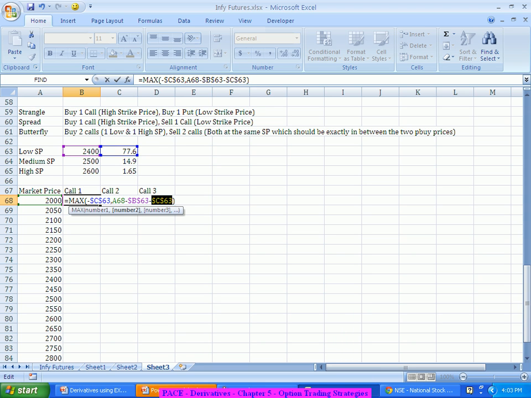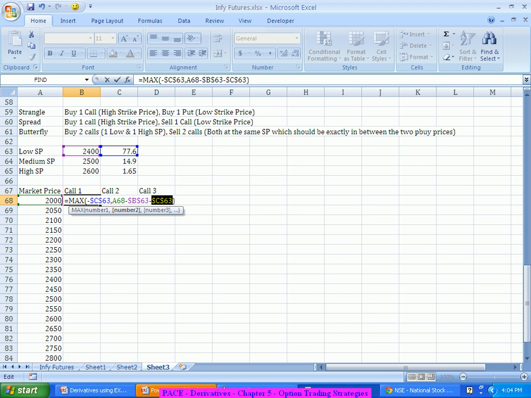Strike price we got this one, 2400. Minus premium. Premium we got corresponding to that, 77.6 or whatever you got. So this should give you a value of something. Before that you can put dollars for all the non-repetitive things.